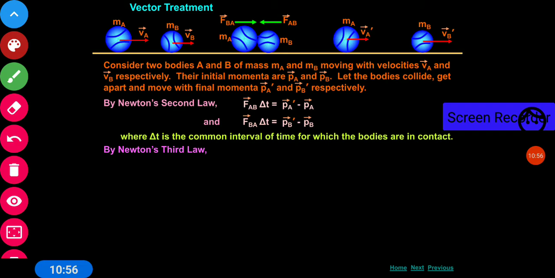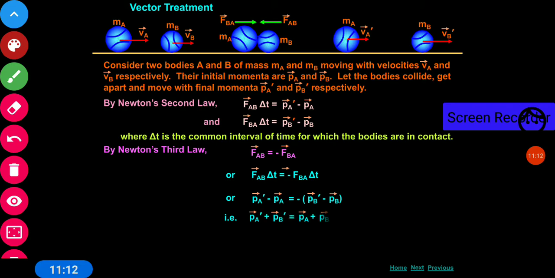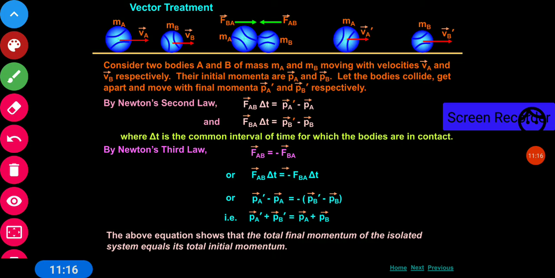According to Newton's third law, FAB is equal to minus FBA. So putting the values from the above equations, we get PA dash minus PA is equal to minus (PB dash minus PB), and rearranging the terms, we get PA dash plus PB dash is equal to PA plus PB. That is, the final momentum is equal to the initial momentum.